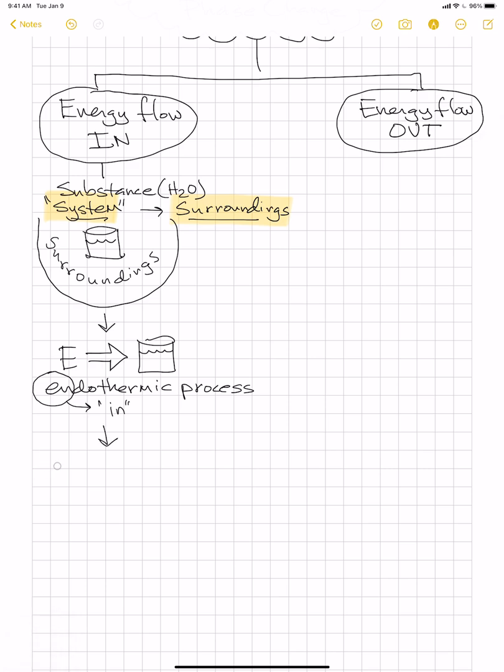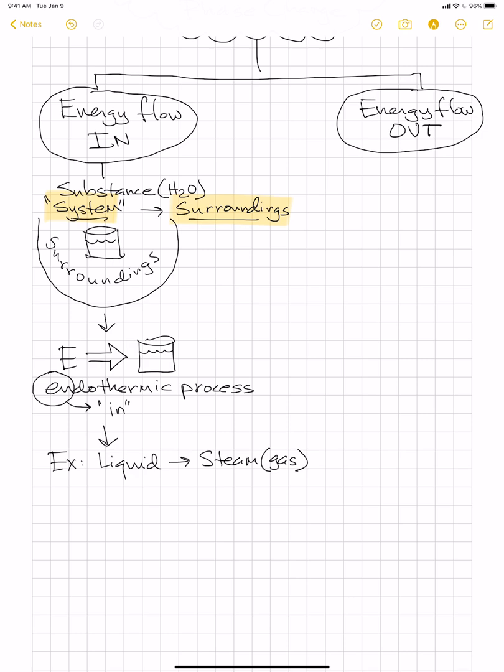The example that we decided to use today: our example will be liquid water turning into steam, which is the gas phase of water.